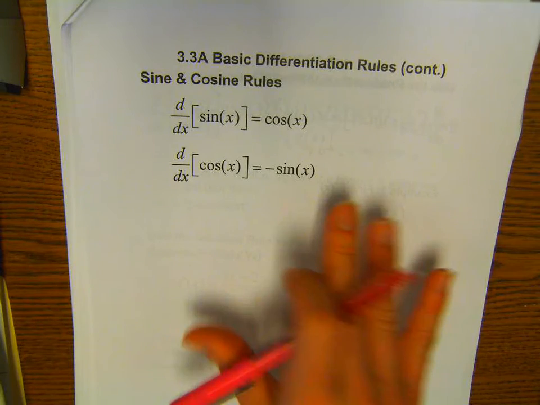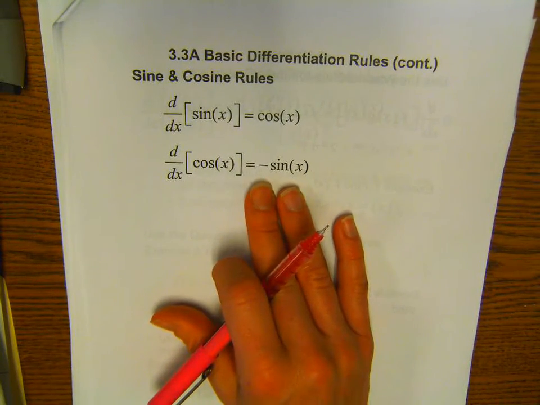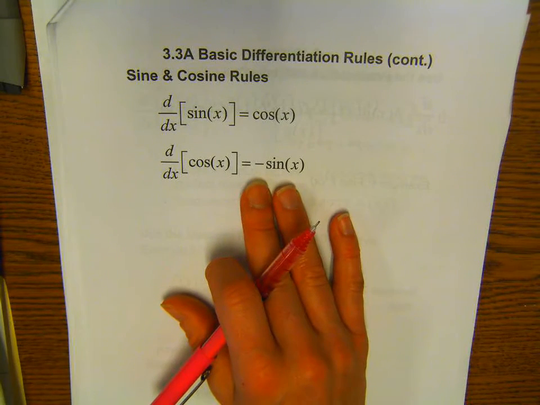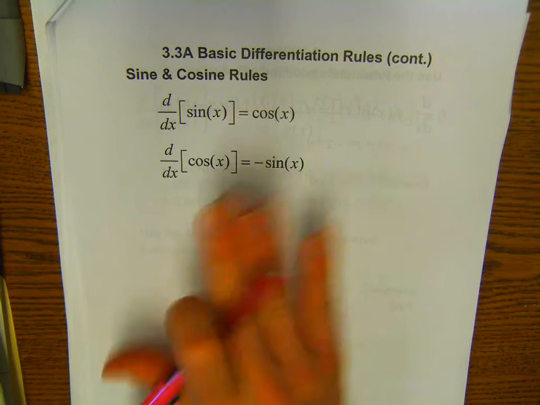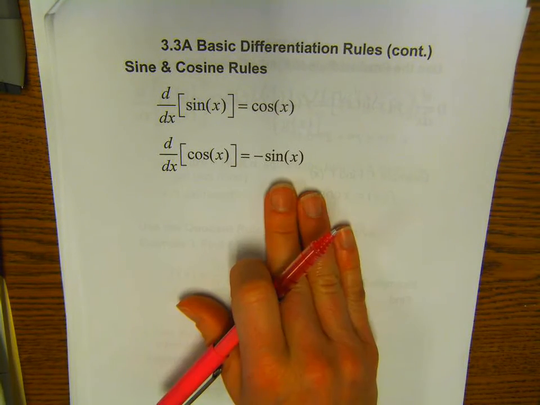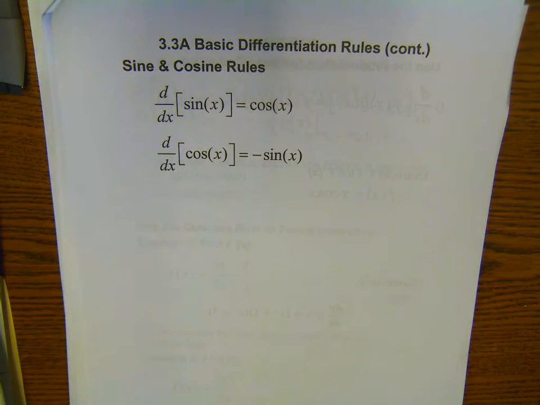So far, these are just 3 shortcuts that you need to memorize. You need to know the derivative of the sine is cosine, the derivative of the cosine is negative sine, and how to use the power rule. We will learn something called the product rule and the quotient rule on Monday. Okay?